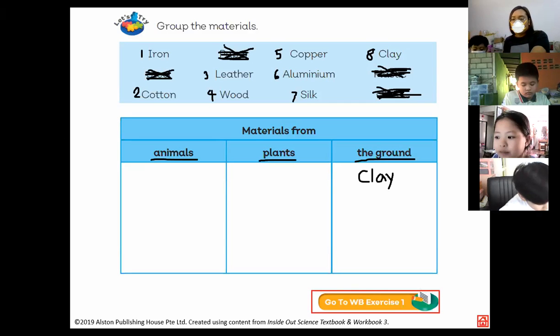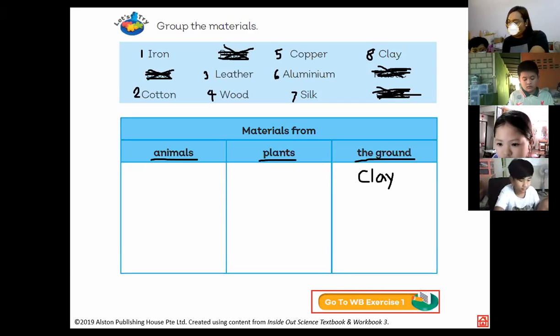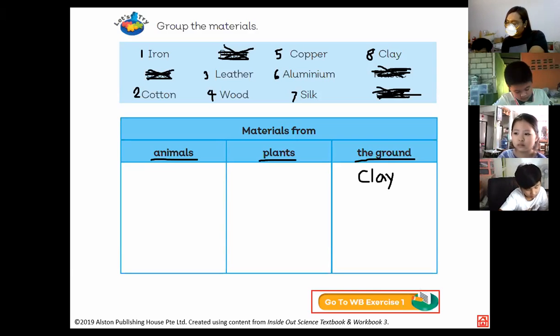Teacher, I'm done. Oh, very good, Pan Pan. Cotton is made of plants.